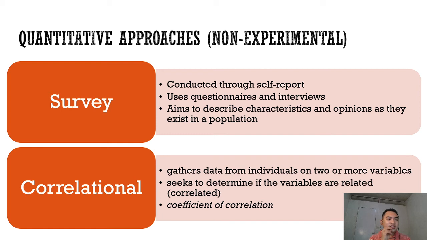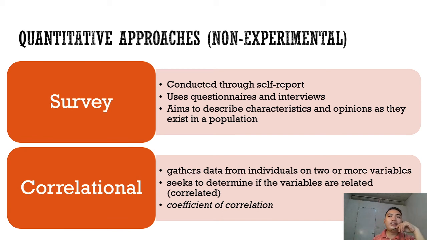So, correlation research might ask about the relationship between the quality of writing produced by college students and their academic performance. Okay? So, you can determine whether the quality of students' penmanship has a relationship with their academic performance, their grades.